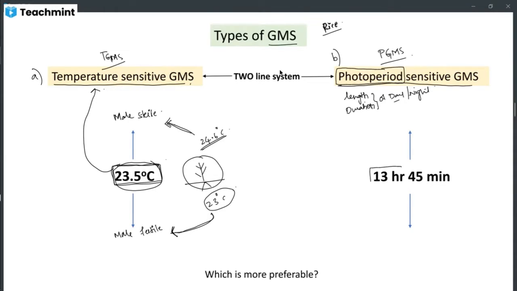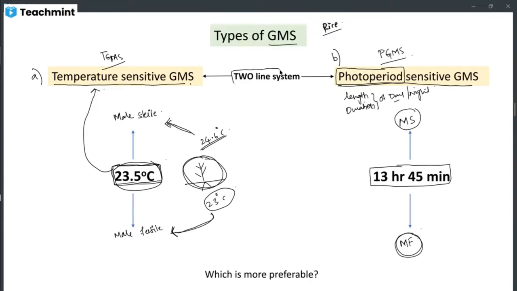The threshold photoperiod is 13 hours and 45 minutes. So if it is above this 13 hours and 45 minutes, the plant will be male sterile. And if it is below this 13 hours and 45 minutes of photoperiod, then it will be male fertile. The same plant, please do remember this, it is the same plant.